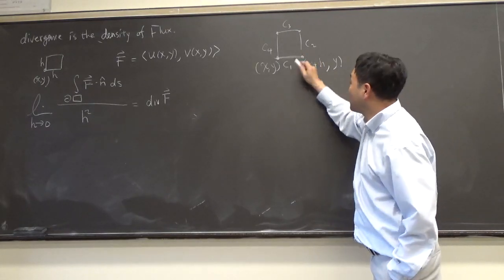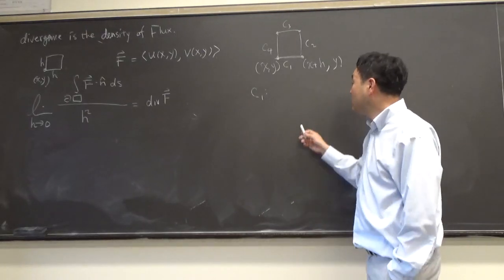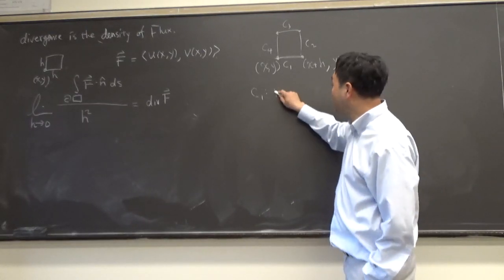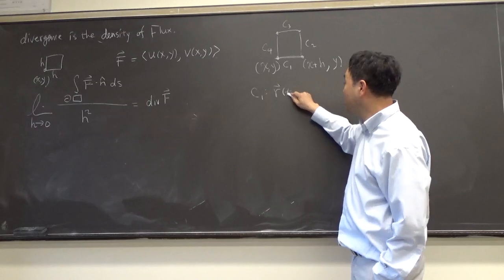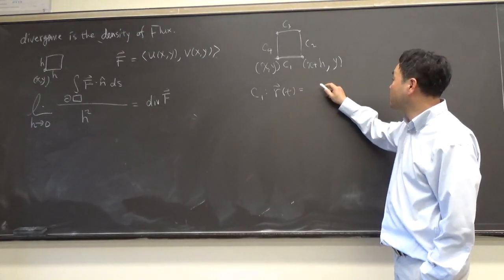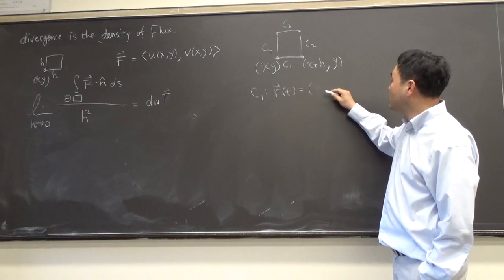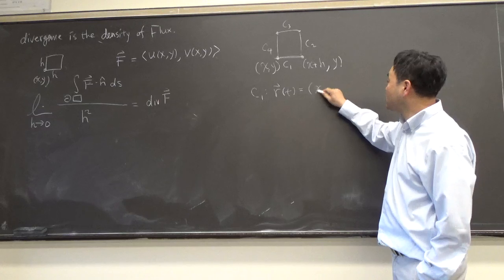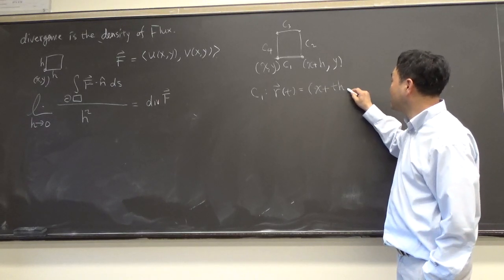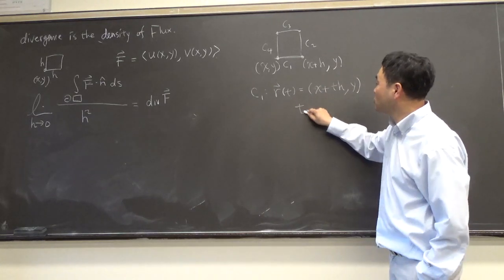So now let's parameterize this C1. C1 will be parameterized as the vector r(t) equal to (x plus th, y), where t goes from 0 to 1.